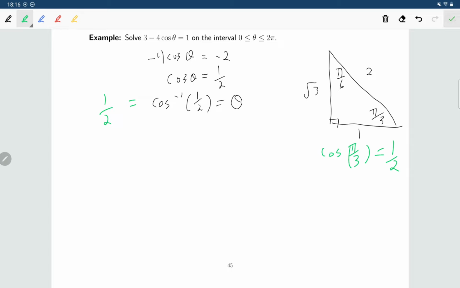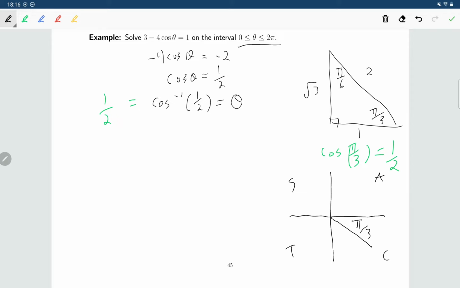We also need to remember that we're not just looking for one solution, we're looking for all the solutions in that interval. And there's two places where cosine has a value of 1/2. Remember that cosine is positive in quadrant 1, but it's also positive in quadrant 4.